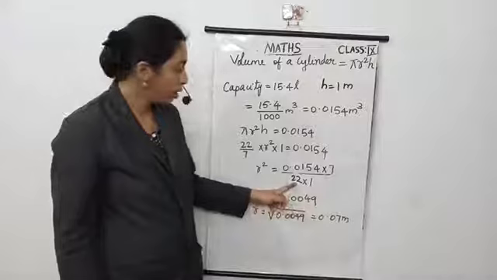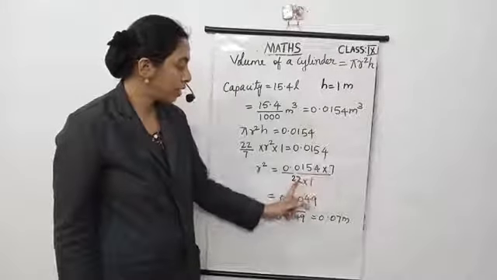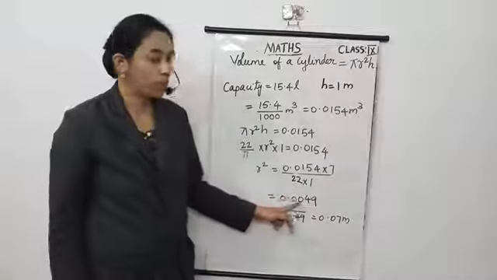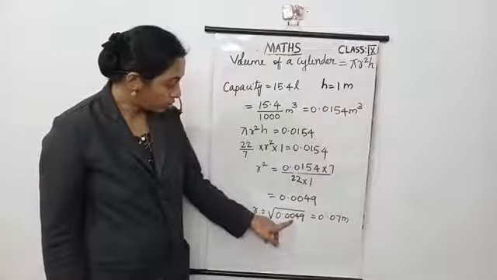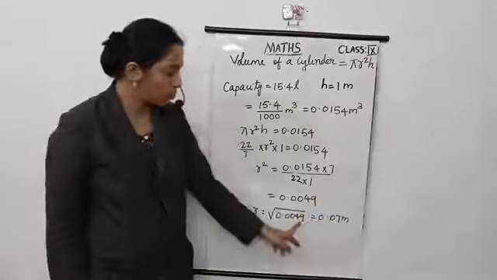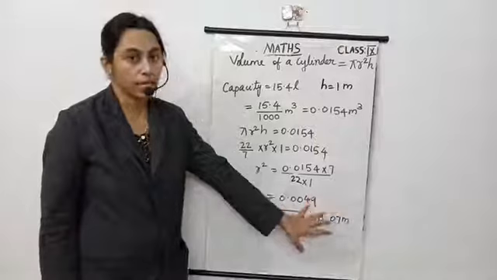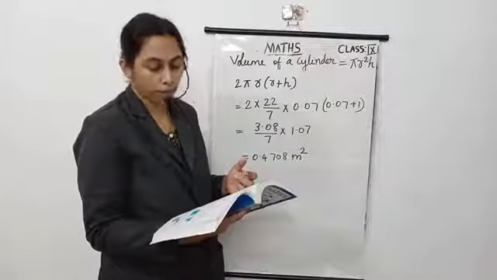Multiply and divide by 22, and we get r square equal to 0.0049. To find r, take the root of 0.0049. The root of 49 is 7, so this root is 0.07 meters. So we get radius 0.07 meter.